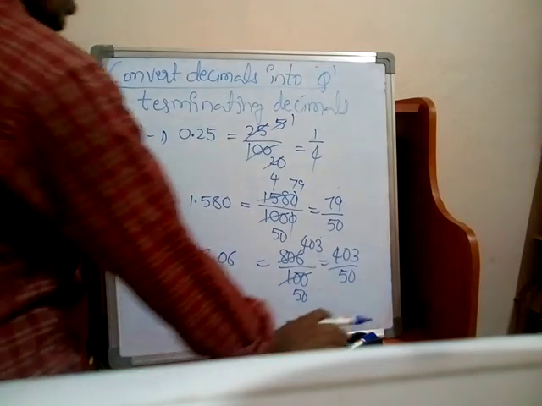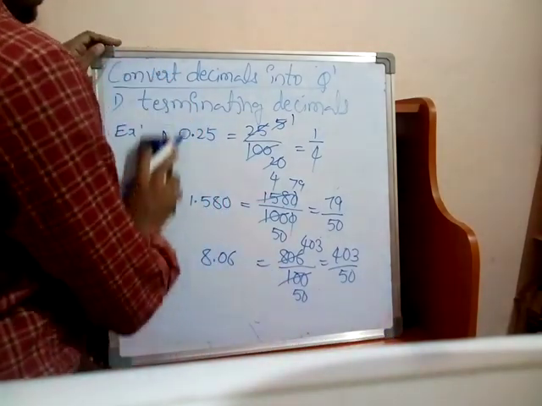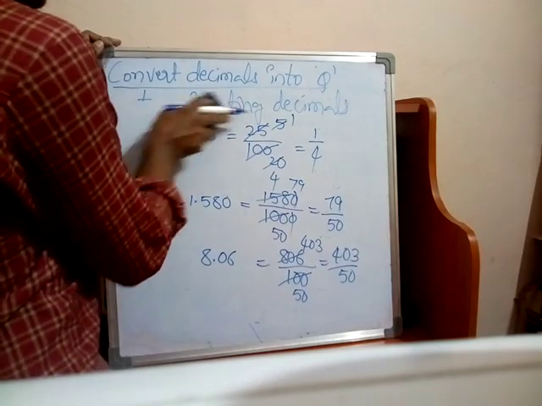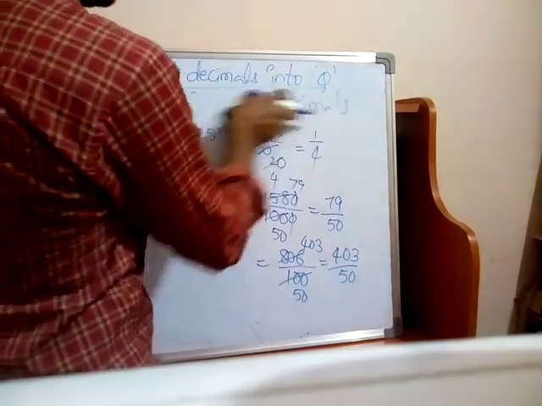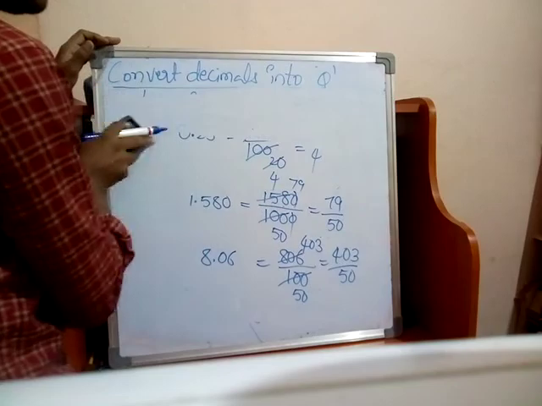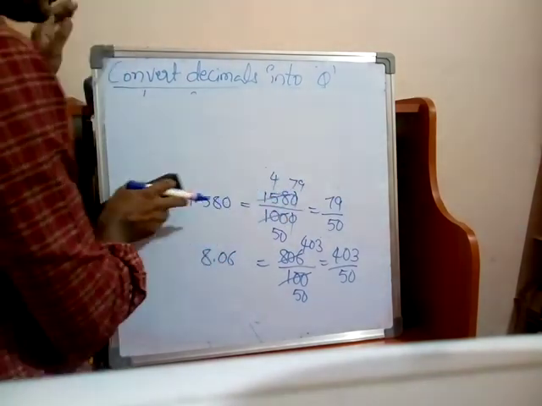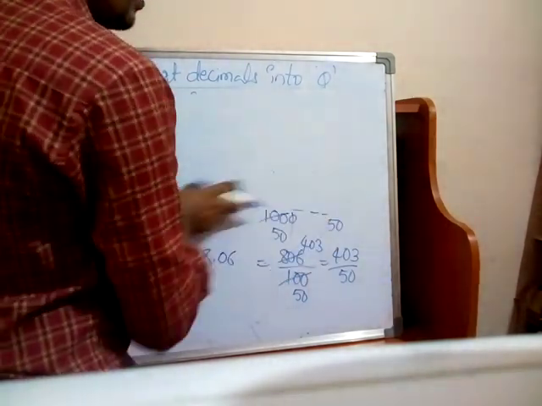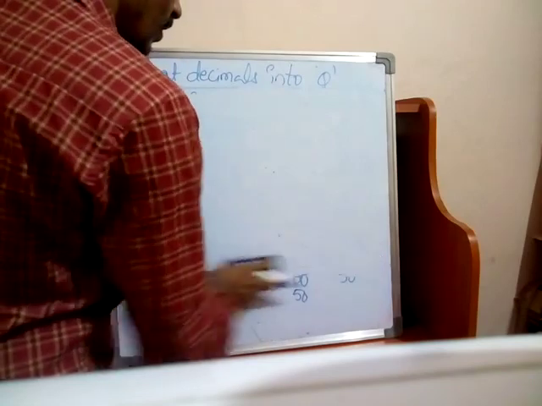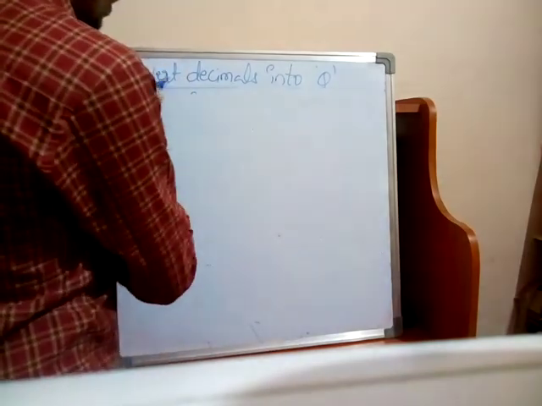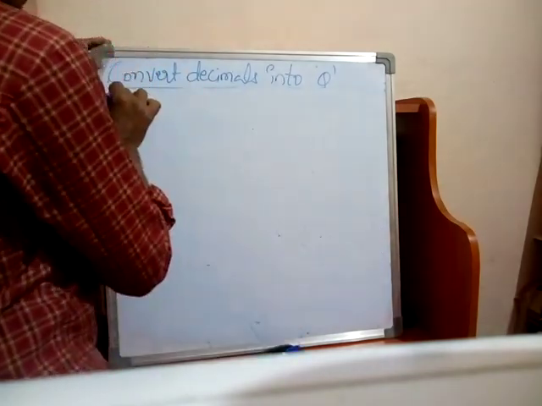Okay. Now non-terminating recurring decimal. Every rational number can be expressed only as a terminating decimal or a non-terminating recurring decimal. What is the other one? Non-terminating non-recurring decimal. So non-terminating recurring decimal.